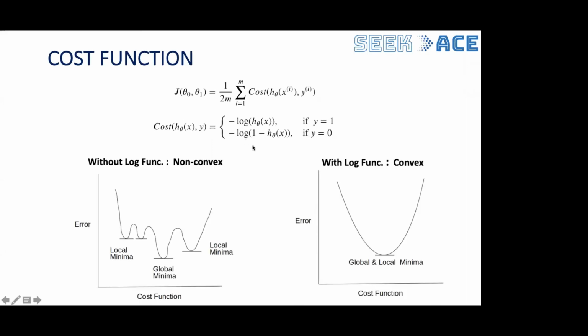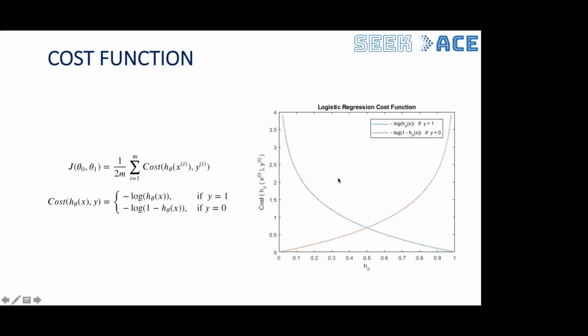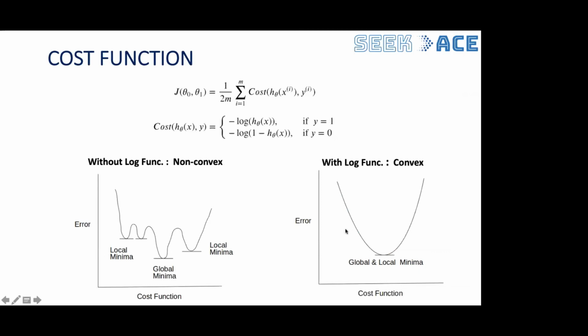So applying the log to this cost function makes it more convex. If we use it without log, the function will have many local minima, and once our solution comes to one of those minima, it will not come out of it.